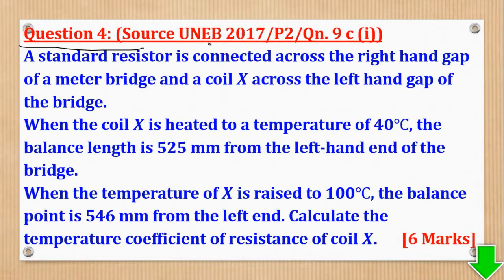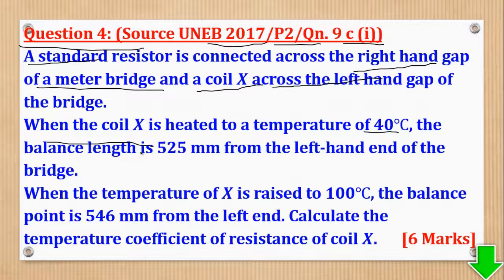Then question 4 came from UNEB 2017, paper 2, question 9C, Roman 1, and says, a standard resistor is connected across the right-hand gap of a meter bridge, and a coil X across the left-hand gap of the meter bridge. When coil X is heated to a temperature of 40 degrees Celsius, the balance length is this.